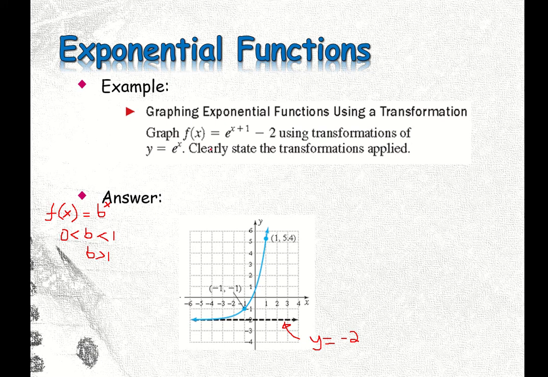So in this case, greater than 1, so it means that the graph will look like this standard graph of exponential function, but shifted down 2 units. This is plus, so shifted 1 unit to the left. Alright, so that's another example of exponential functions. Our last example is the natural exponential function.